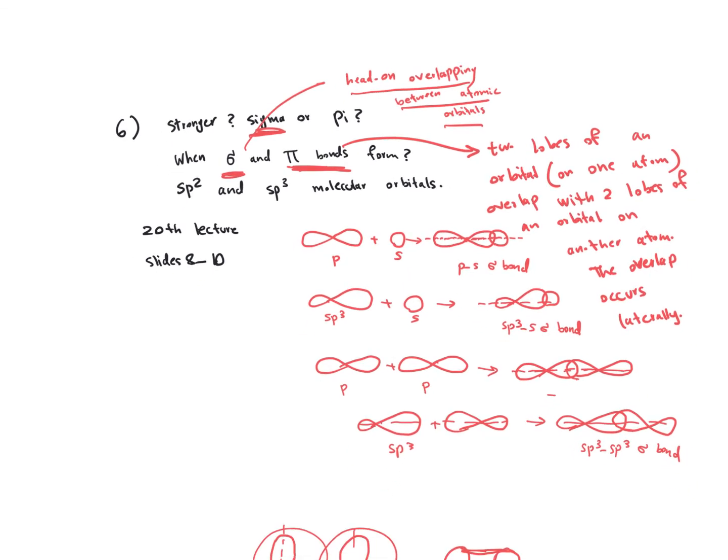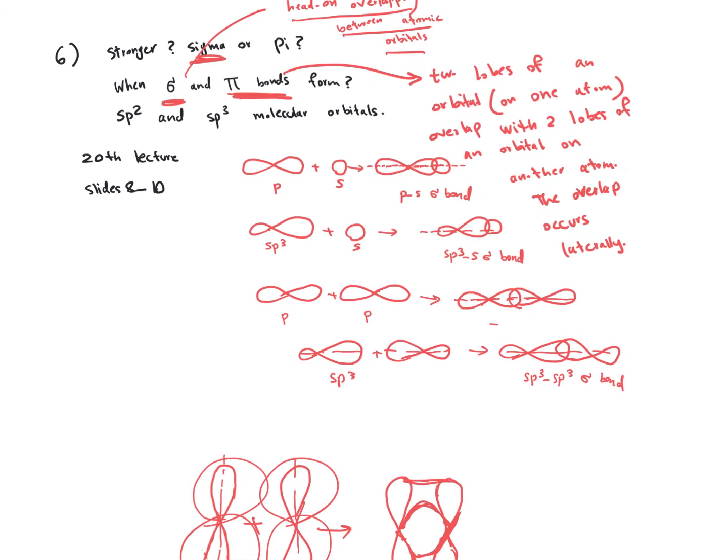Okay. Now, the difference between sp2 and sp3 molecular orbitals. And again, for these sp2, sp3, you can refer to slide 12. And I have in slide 13 the review of the previous lecture, but if you go to lecture 19, let me tell you which slide exactly it was.